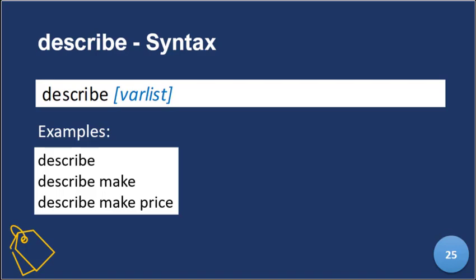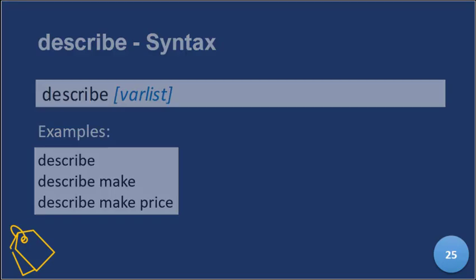If you had 400 variables, it will describe the whole 400. But if you say, for example, in example 2, describe make, it only describes the make variable. If you say describe make and price, it only describes those two variables. So that is how it basically works. When we start doing the practicals, we'll show you again how it all operates.